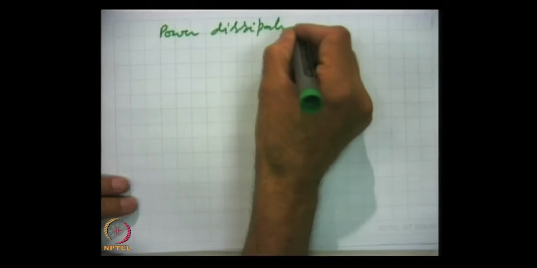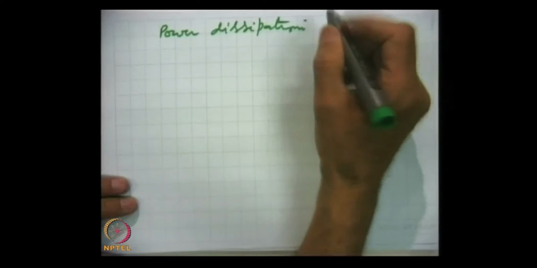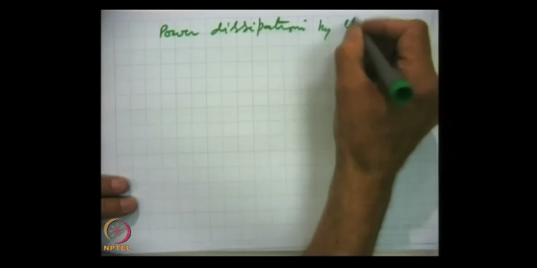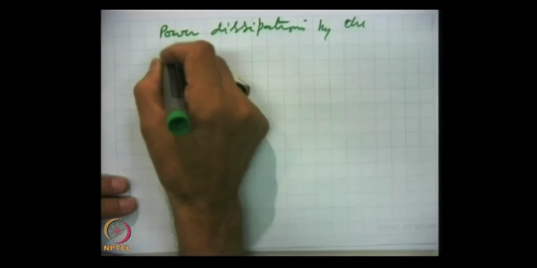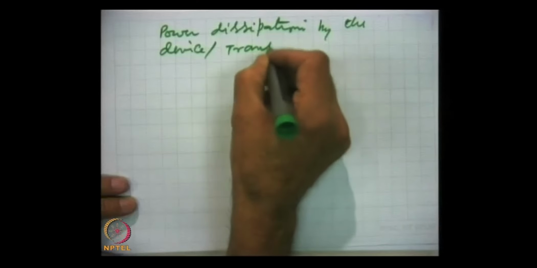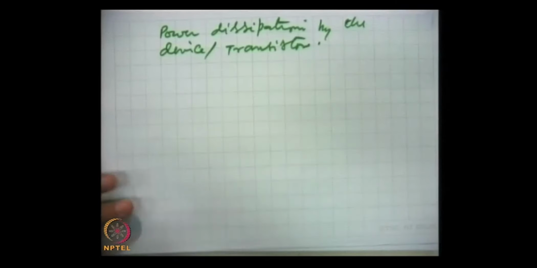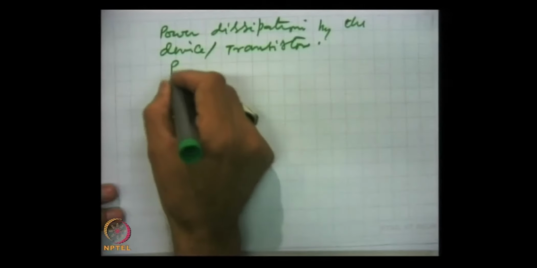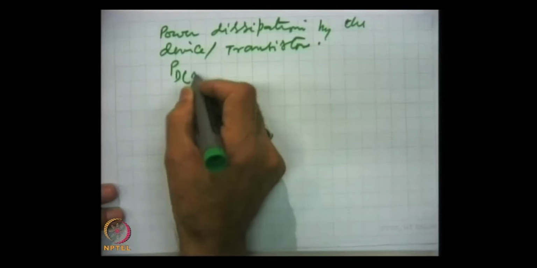So, this is the power dissipation by the device, the transistor, and this is written as PD, dissipation max.